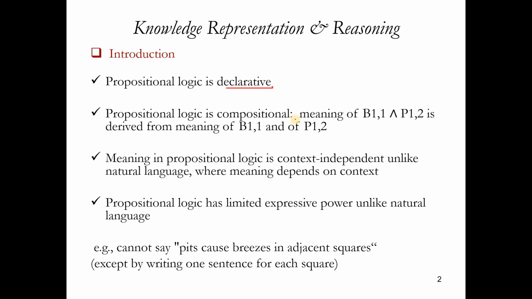Propositional logic is compositional, means that each part is a component. So each sentence is composed of smaller elements, and the meaning of those elements you have to define clearly. So meaning in propositional logic is context independent. This was a good point. Unlike natural languages, because natural languages depend on the environment, context, where the words are spoken.